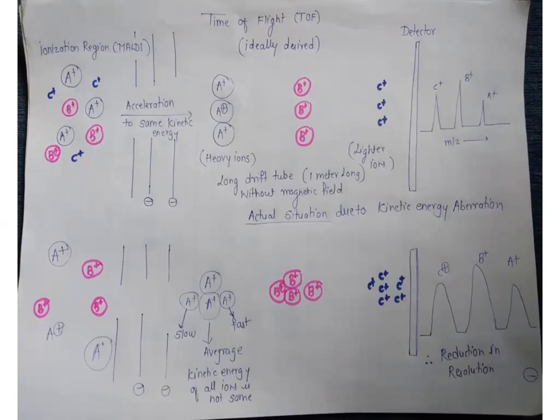And the third reason being the electric field itself is not uniform, so it's going to give rise to a little difference in the kinetic energies of those molecules. And you can see out here that the packet containing all ions of A don't have the same kinetic energy. Few are moving fast and few are moving slow. Same is the situation for the ions B and ion C.